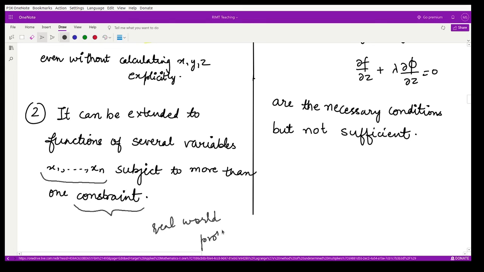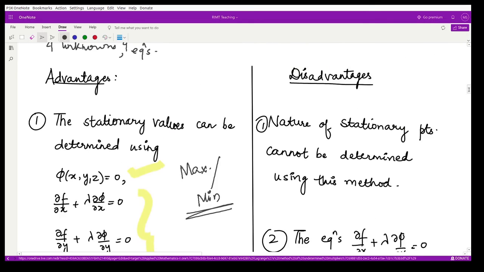And it is a very popular method where you are to find the maximum or minimum. So many researchers use this method for optimization, where you are required to calculate the maximum or the minimum value.